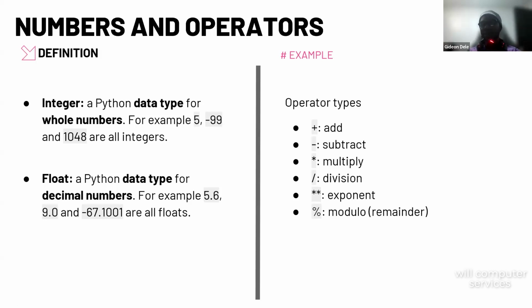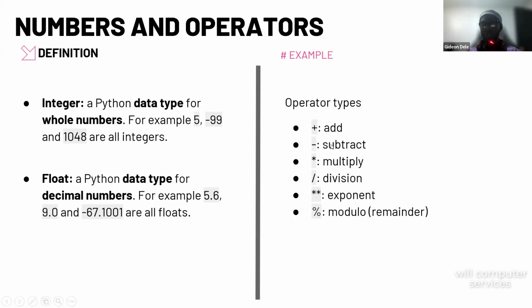We have so many categories of data types in Python, but for numbers, the two representations in Python are integer and float. The ones with decimal are called floats. The ones without decimal are called integers. And the mathematical operators we have in Python: the normal addition, subtraction, and multiplication are symbols.